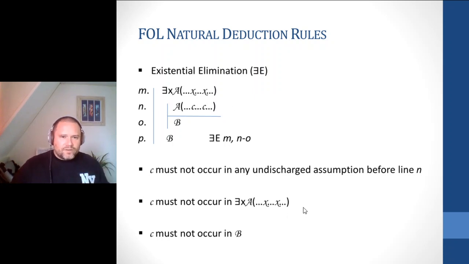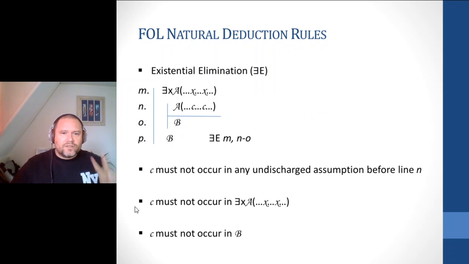Now, here are the restrictions. Our first restriction is that the name we use here in our substitution instance must not occur in any undischarged assumption before we start the subproof. What this helps to guarantee is that C is an arbitrary name. That is, it's a name for any object in the domain, not some particular one.